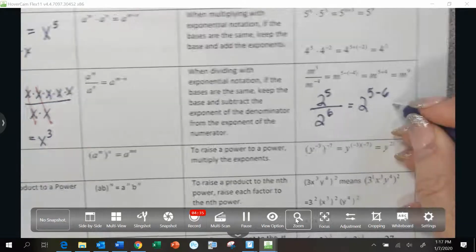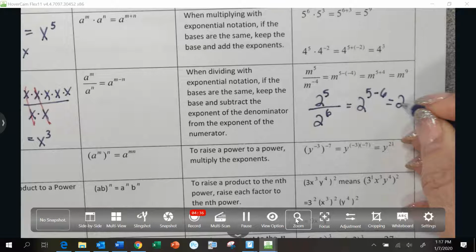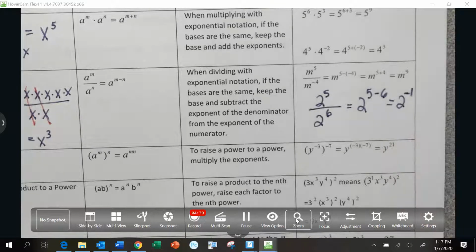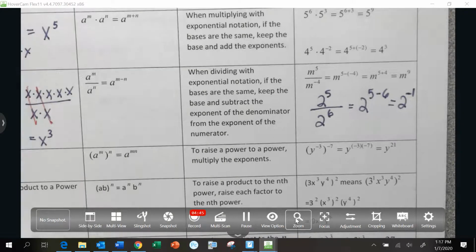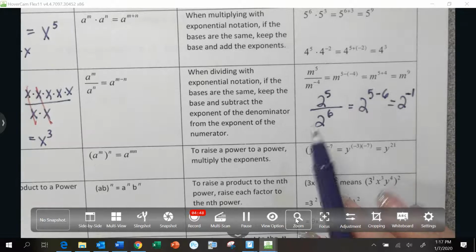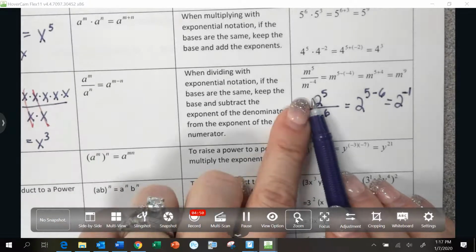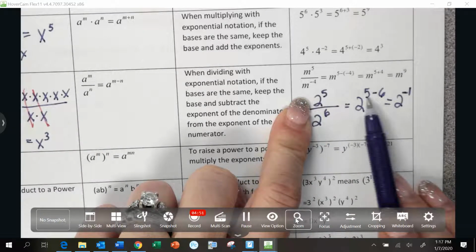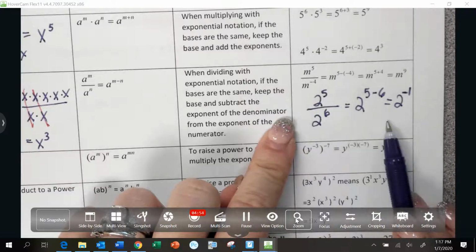So 2 to the negative 1. But you can have a negative exponent. We're not going to leave a negative exponent, are we? Now, if I did this a different way, if I wrote all 5 2's out and I wrote all 6 2's out, I should probably have made it numbers that were easier.